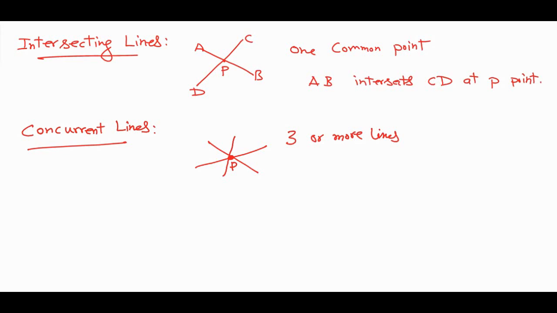This is an example of concurrent lines. That means all lines are intersecting each other at the same point.